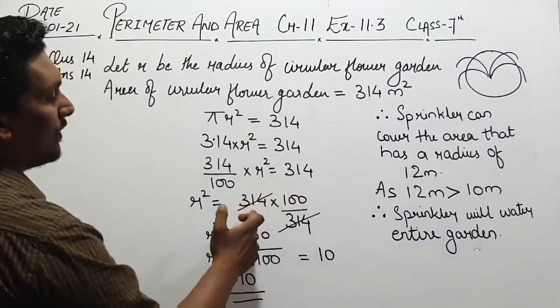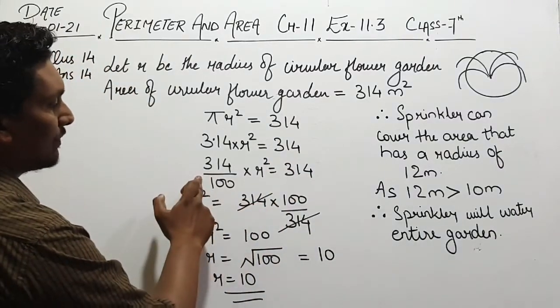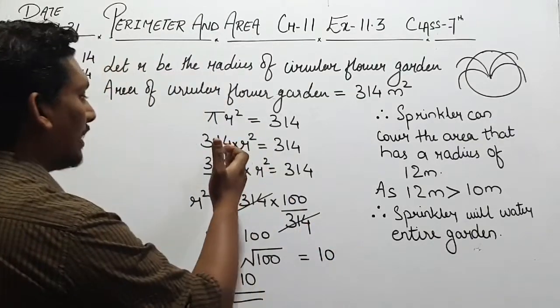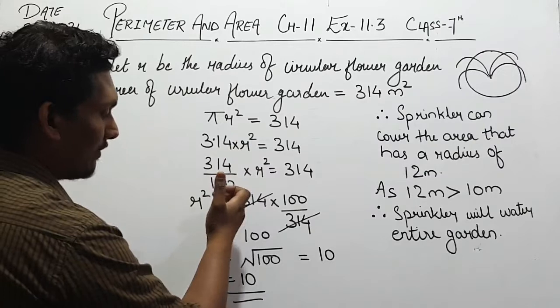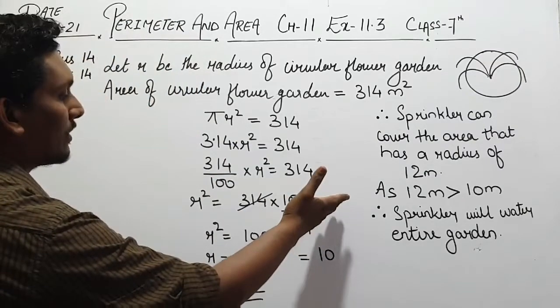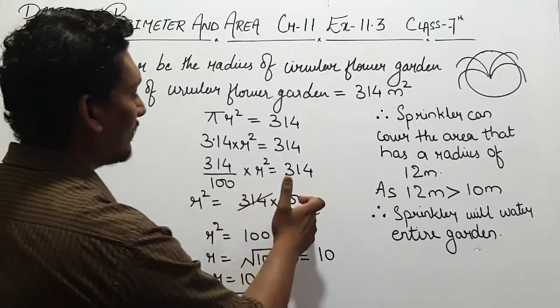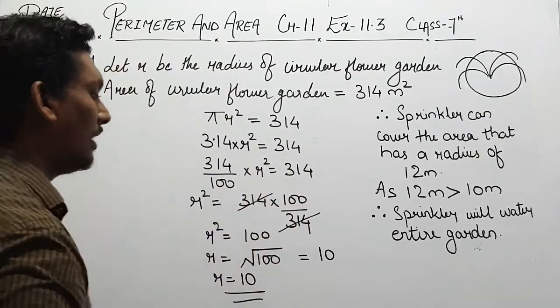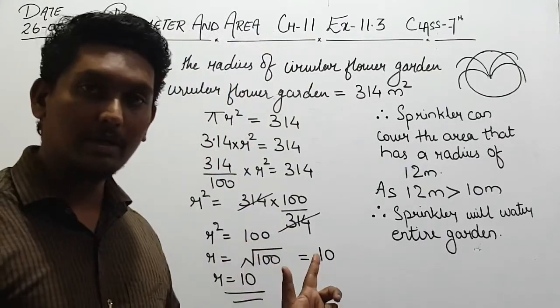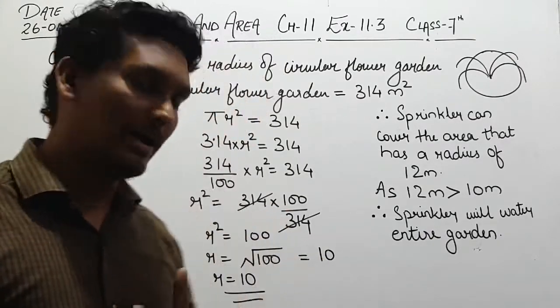This 314 we will write as it is. Now we are going to shift this one. While shifting, it will get reciprocal. So 314 by 100 will become 100 upon 314. We can cancel 314 and 314. So we are left with 100. Now we got the value of r square as 100. We want the value of r.